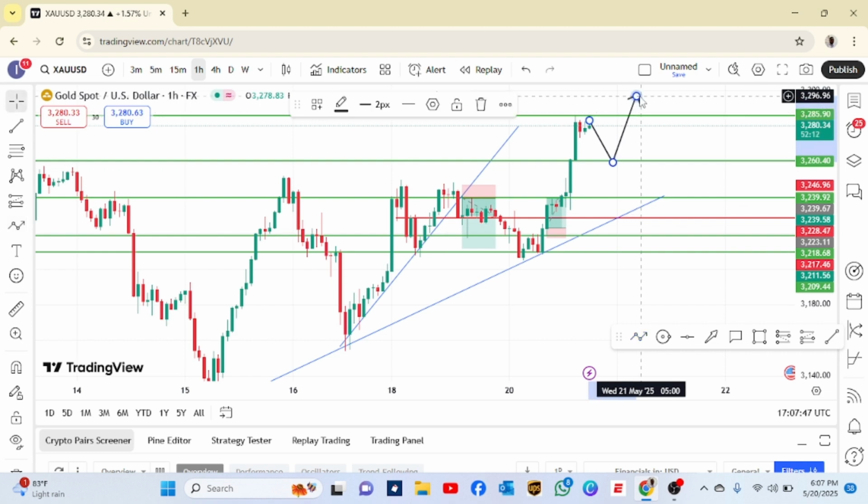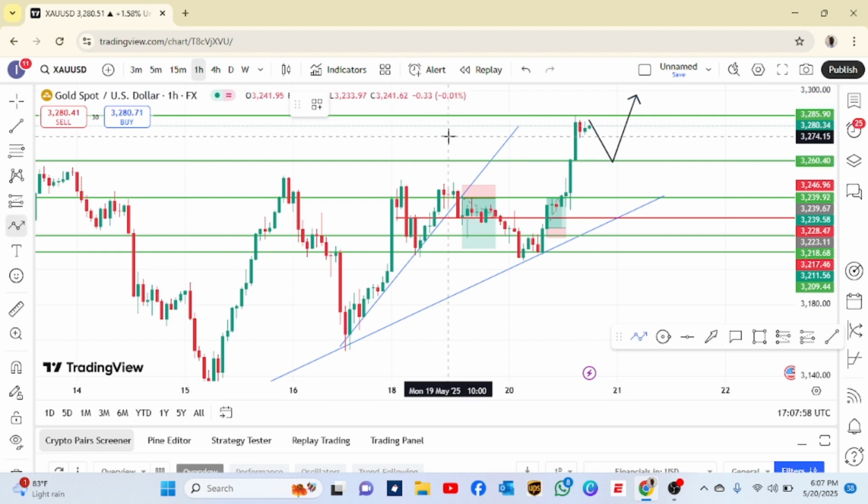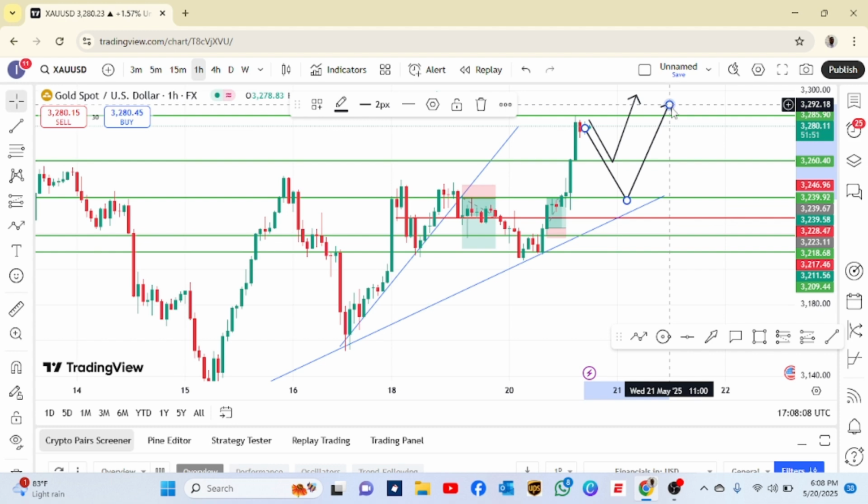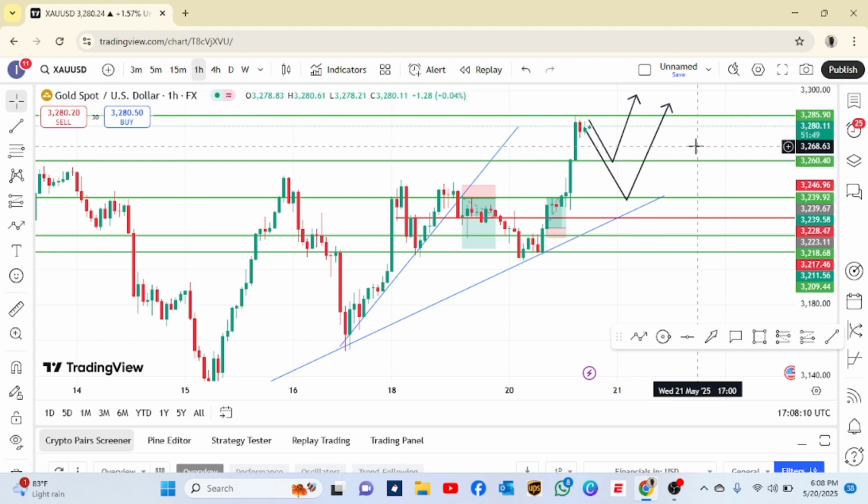If I didn't see any confirmation on this level of support, then I have to wait for the market to pull back to this area. If the market can pull back to this area right here, then boom, we'll buy, right? So that is what I'm anticipating.